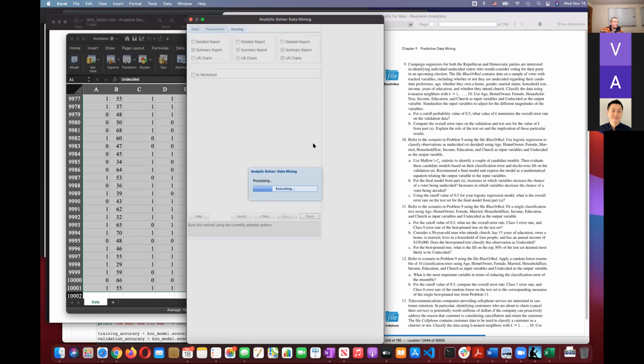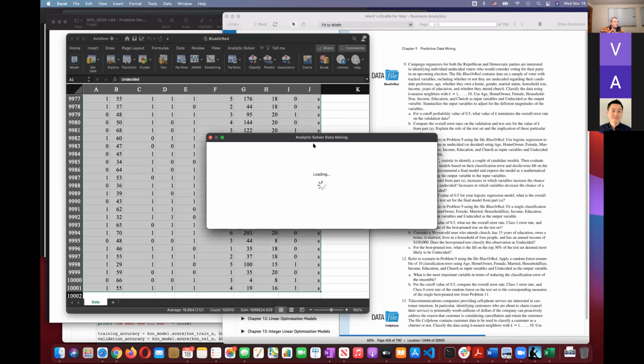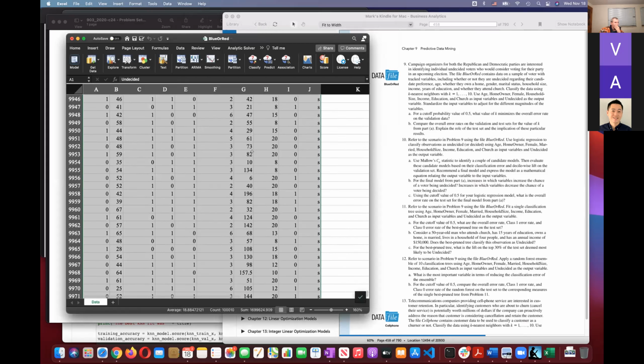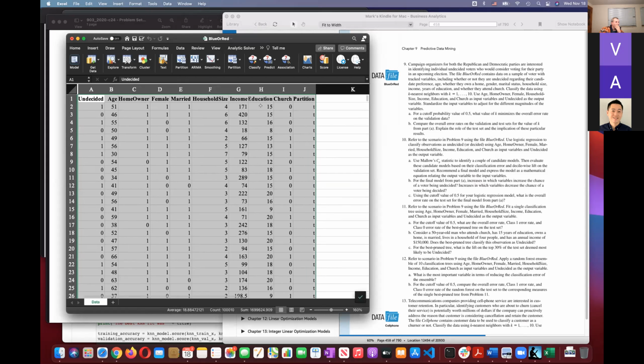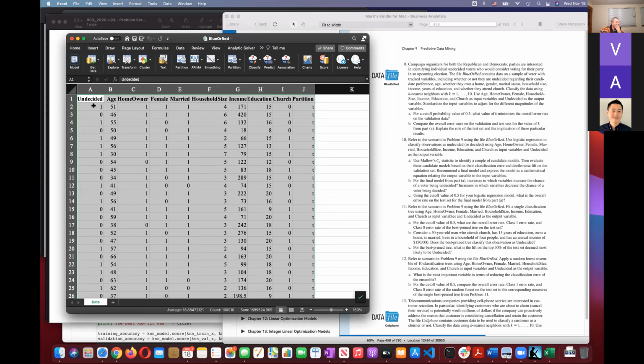And let's see. Come on, Excel. Why is that? I have no idea. Column index out of range.